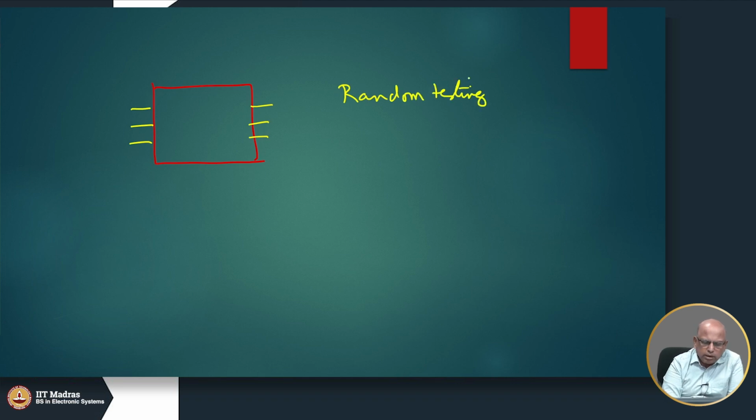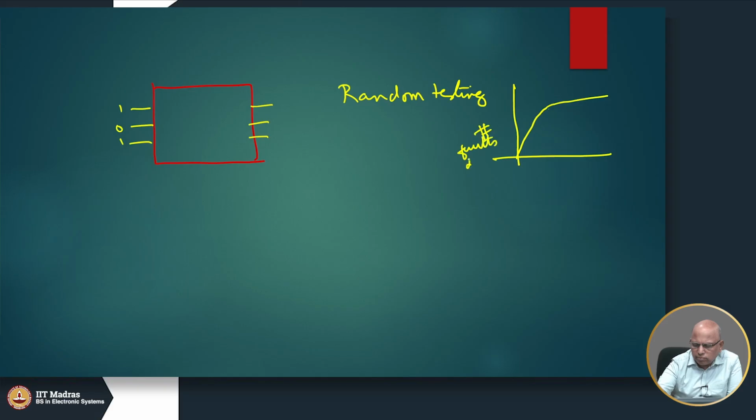I told you that I can try to apply some random vectors and do a fault simulation and find all the tests that the random vectors are catching. As you increase the number of random vectors, initially you will get a good number of faults getting detected. This is the number of faults getting detected. This may be the total number of faults.